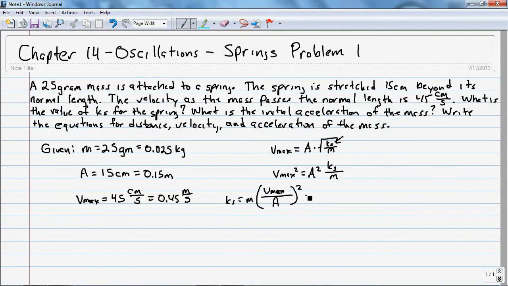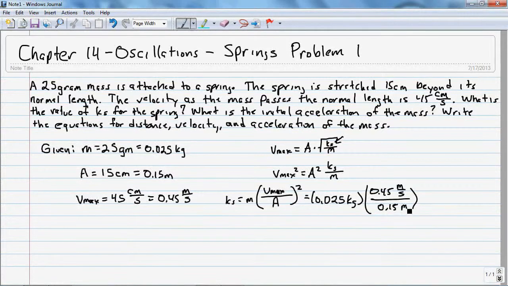Now we have the mass is 0.025 kilograms, and we have the velocity 0.45 meters per second over 0.15 meters.